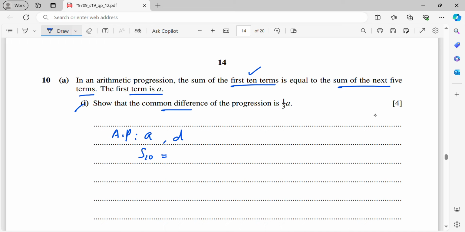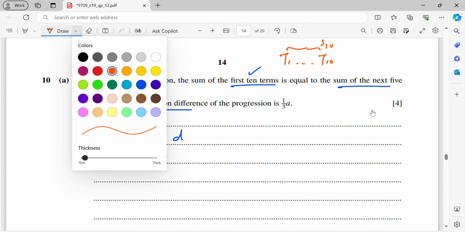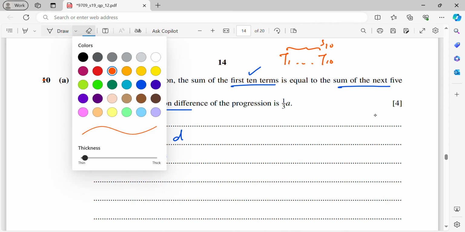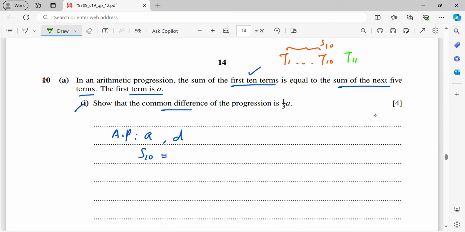Okay, now let's see here. T1 until T10, we add all together, that is S10. Then now, the next 5 terms, probably it will be T11, T12, T13, T14, T15. So, the sum of these next 5 terms, but you must remember that whenever you use Sn, it must be counted from the first term.